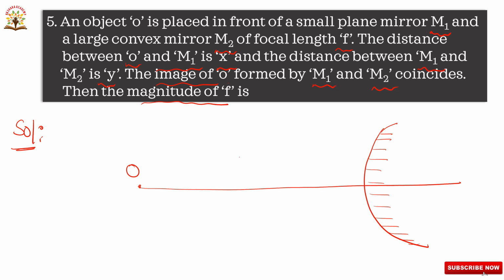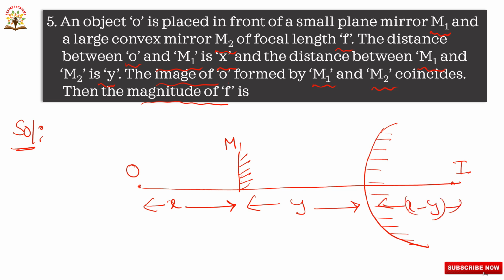We are placing the small plane mirror on the principal axis at a distance of x from the object, and from the mirror to this point the distance is y, and this is the image position and the image distance is x minus y, and this is the mirror M2.